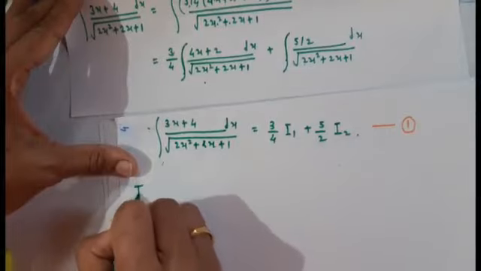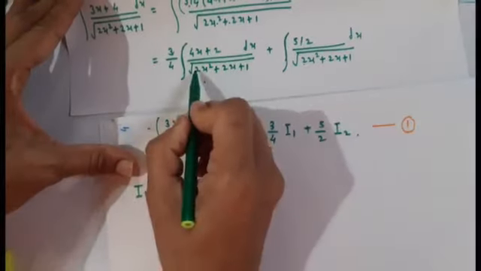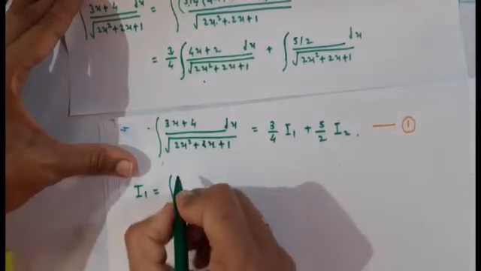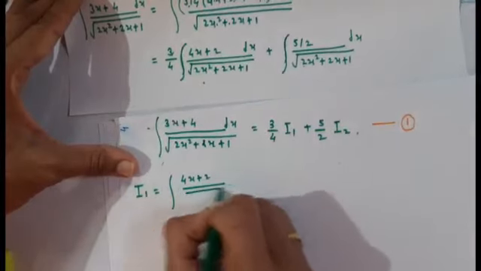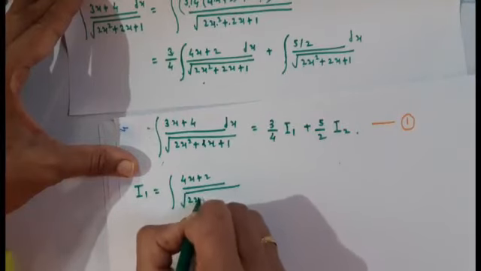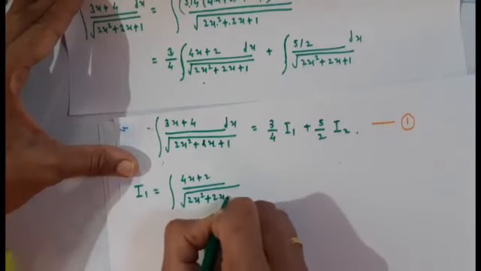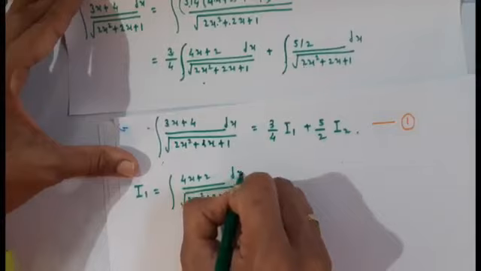Now let us find the integration I1. So I1 equals the integration of 4x plus 2 upon square root of 2x square plus 2x plus 1 with respect to x.